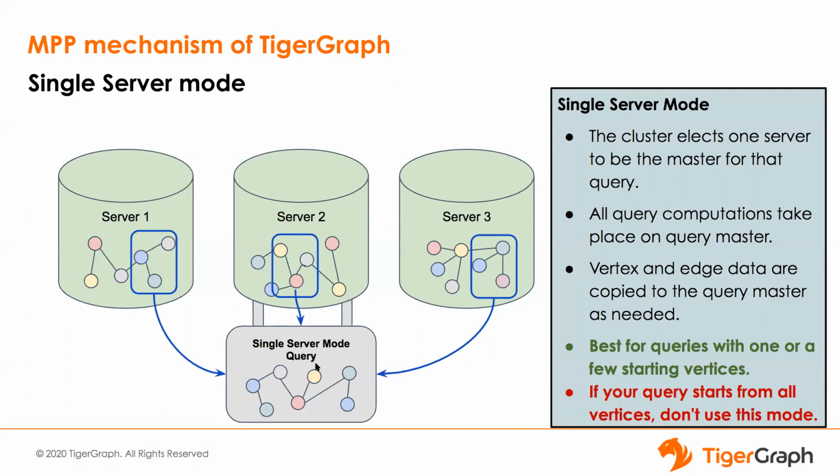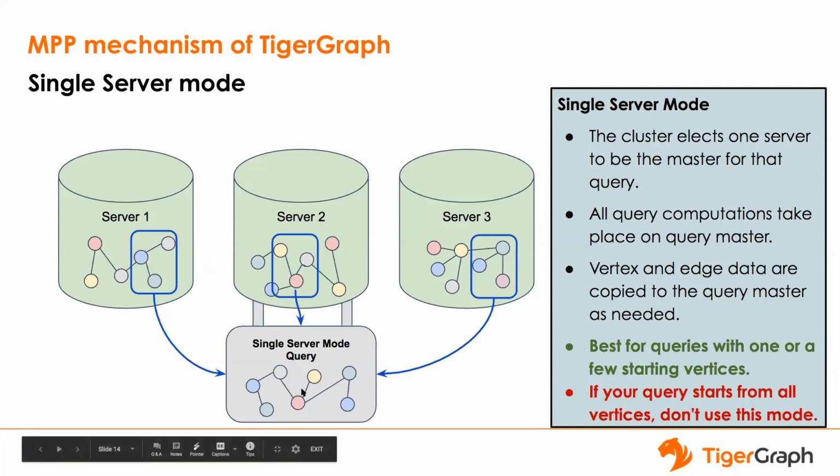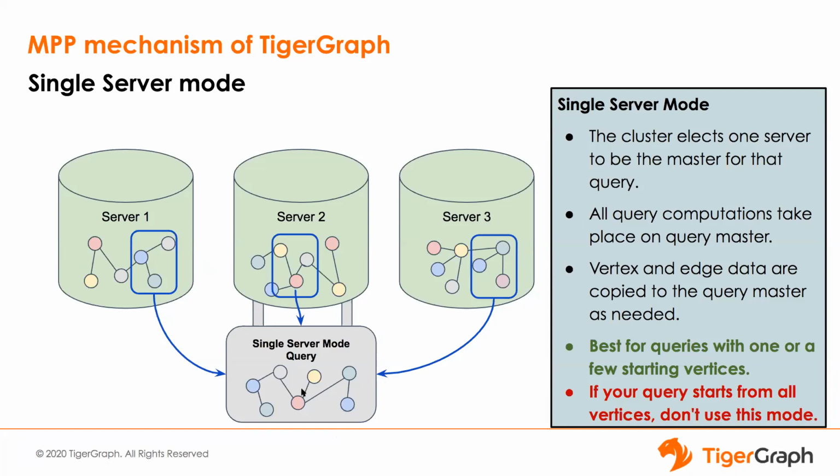Since one server doesn't have all the information, it only stores part of the graph. That means during your graph traversal, whenever you want to use some data that is not on this server, we have to fetch it from another server. That requires some data shuffling, that we need to get the missing part from other nodes in order to complete the graph traversal. So that is the single server mode.